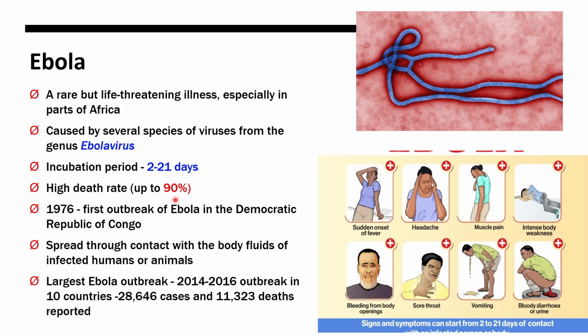It's very high. It first occurred in 1976, and the largest Ebola outbreak happened in 2014 to 2016, where more than 28,000 cases and more than 11,000 deaths were reported worldwide.